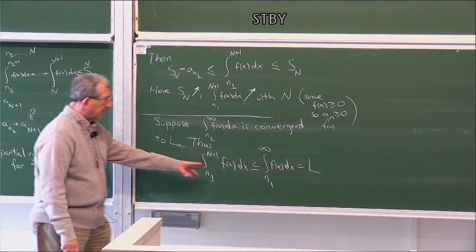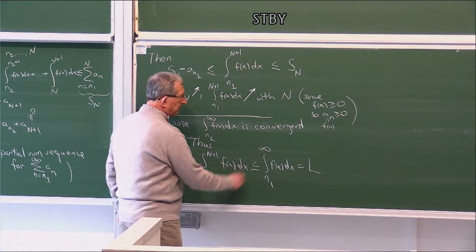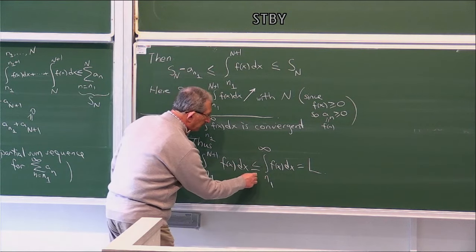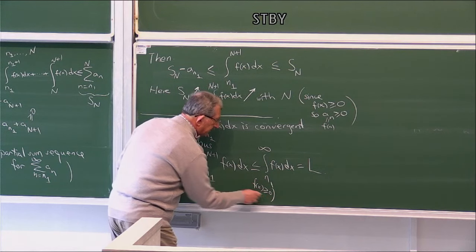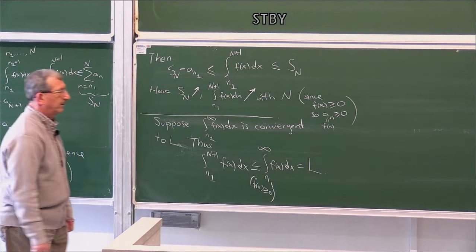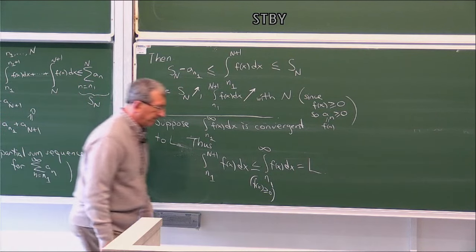This is because, again, f of x is positive. So this inequality holds because f of x is positive. You're adding more area when n goes to infinity.